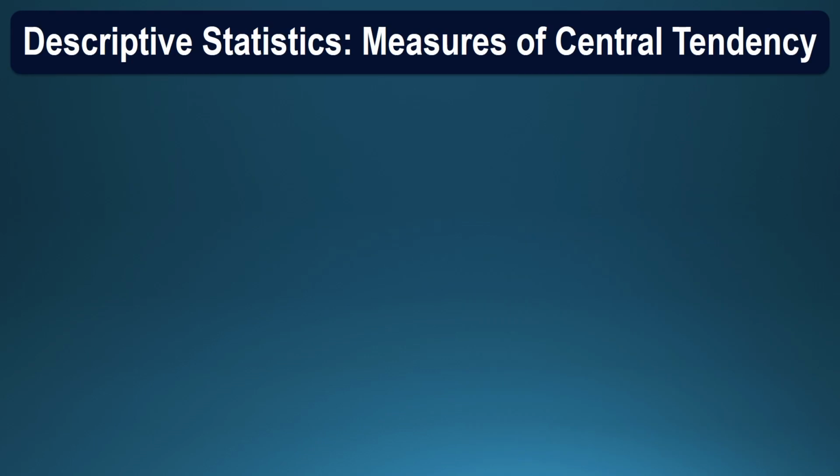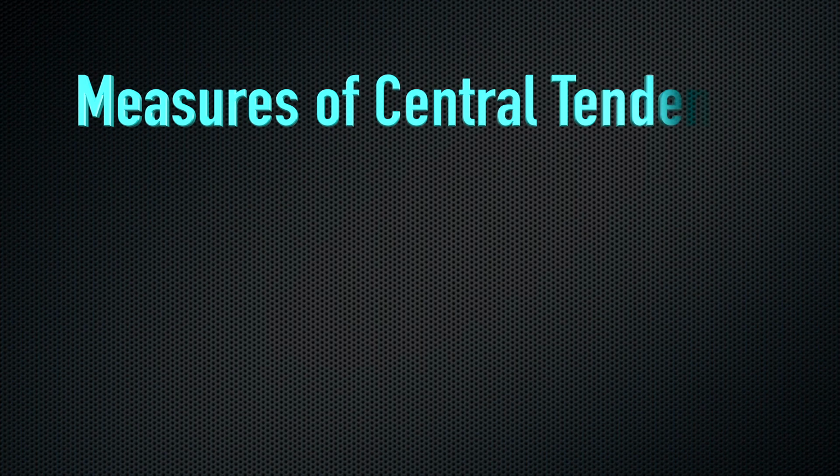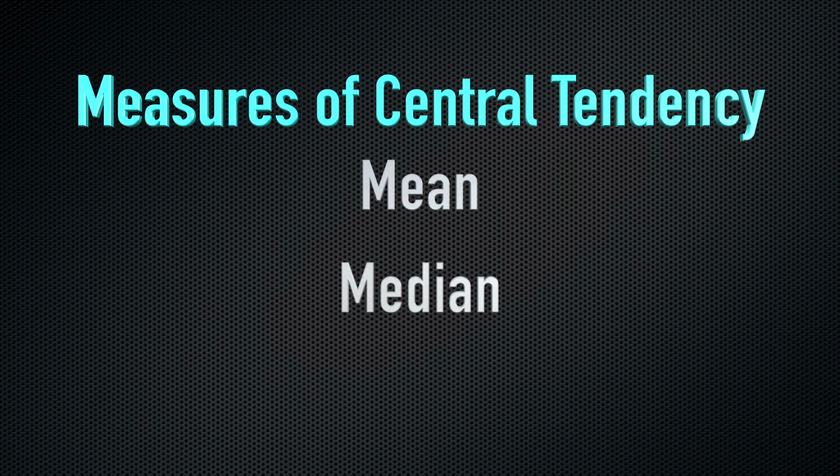Measures of central tendency, as I said earlier, represent the average or the typical performance of the group and can include mean, median, and mode.